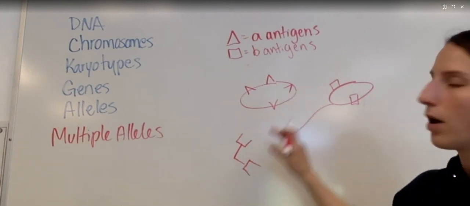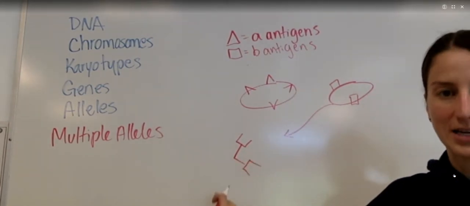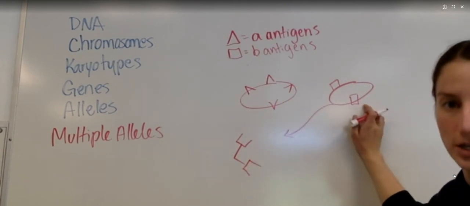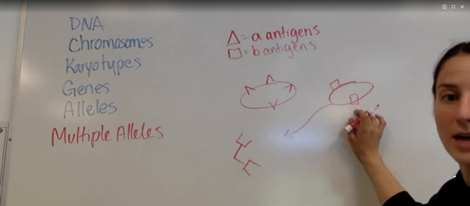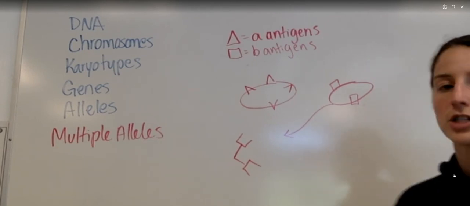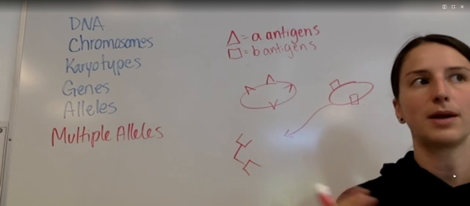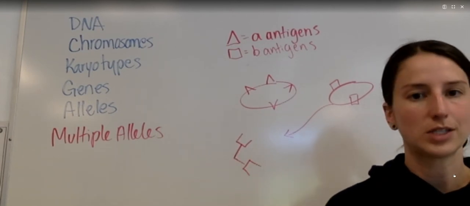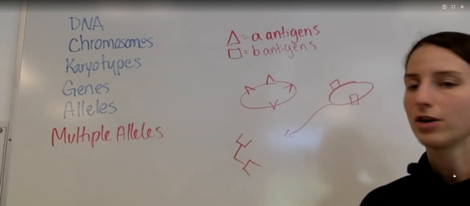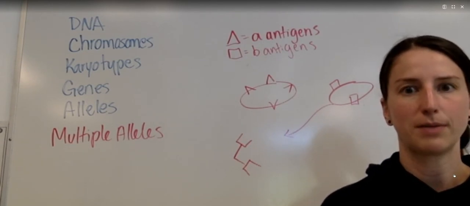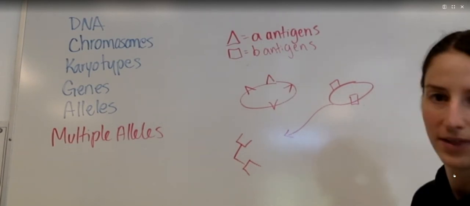Your body is going to make these antibodies. Those are going to attach themselves onto the antigens of the B-type blood cells and actually cause clumping of your blood, which is not good. You want your blood to be able to flow in this nice liquid state. If your blood becomes clumped, it can cause some pretty bad things, including death. So you don't want that.